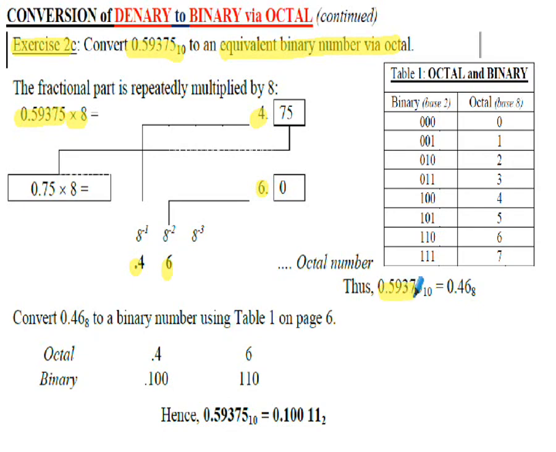Once we've converted the denary number into octal, again we go back to our table to write down the binary number. So 4 in octal is 100, and 6 in octal is 110. So we can write the decimal number 0.59375 base 10 as 0.10011 in base 2.